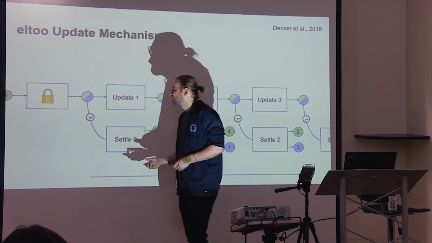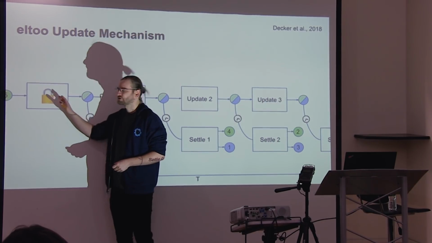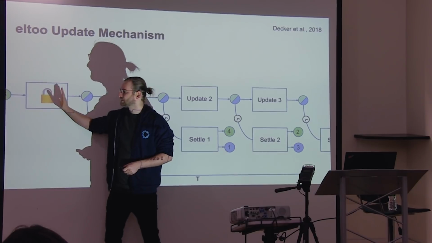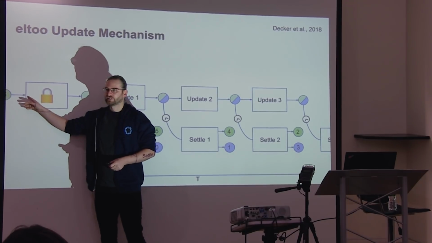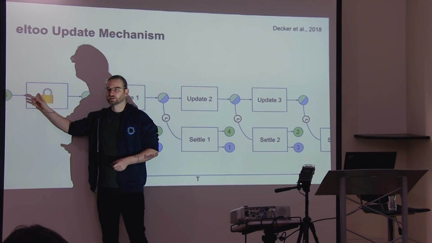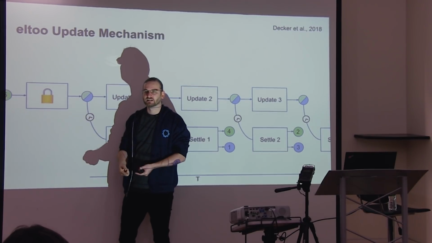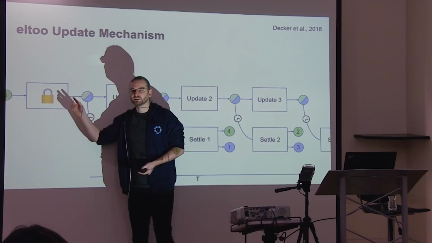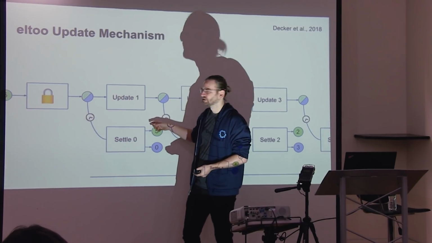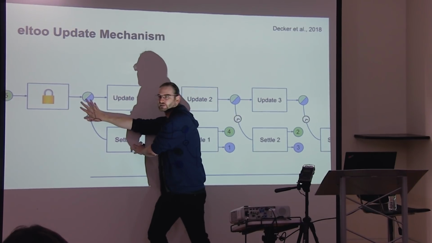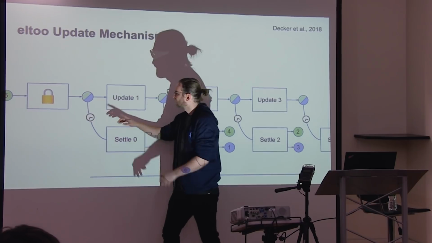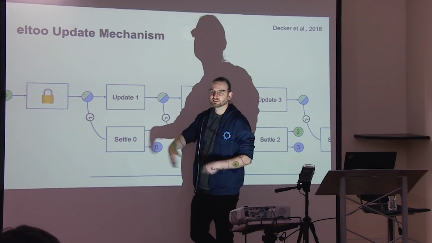The more advanced one is that we have a trigger transaction that is placed in between here, so that we have the funding transaction that creates the shared output. We have a trigger transaction that initiates the time locks, and only then we attach settlements. So think of it like the settlement 0 does not exist, and update 1 actually initiates the countdown.